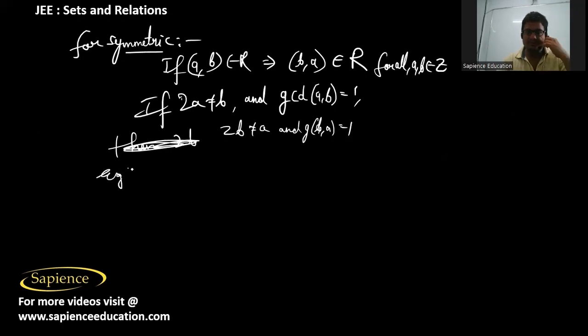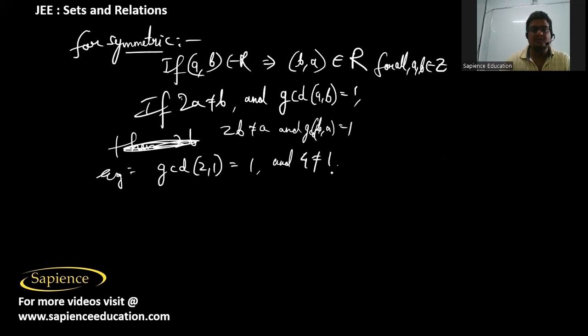For example, suppose we take 2 and 1. The greatest common divisor of 2 and 1 is equal to 1, and 2a, that is 4, is not equal to 1.